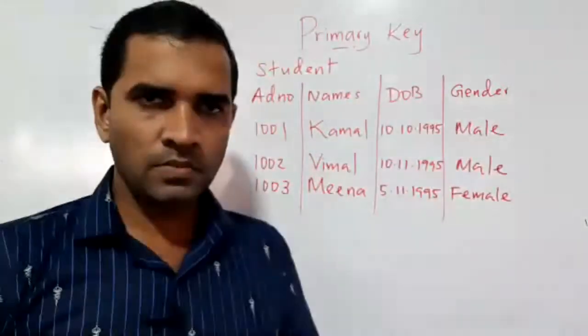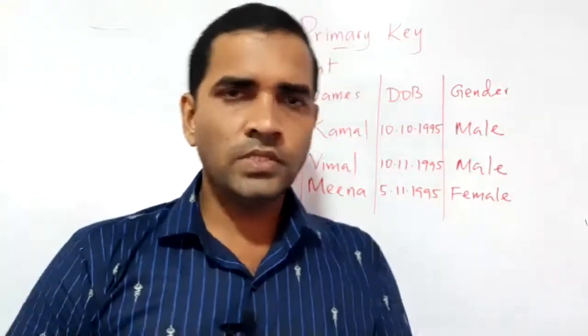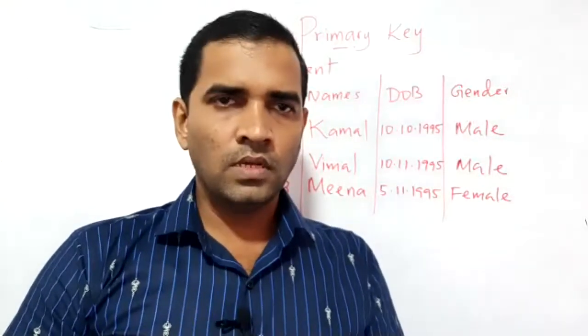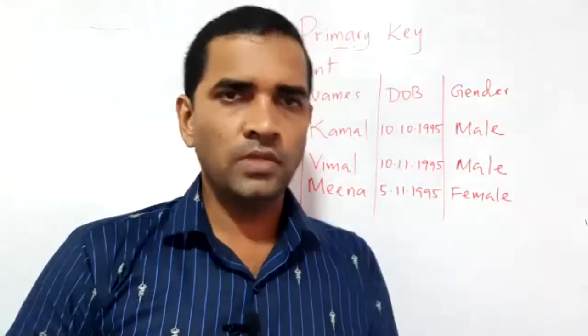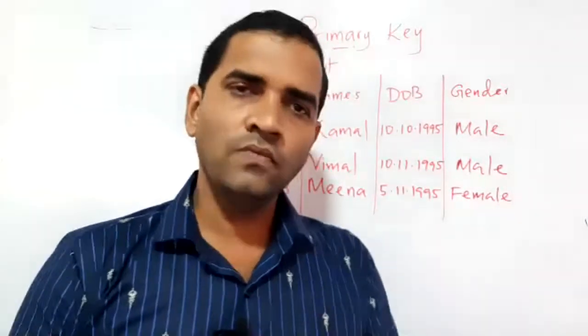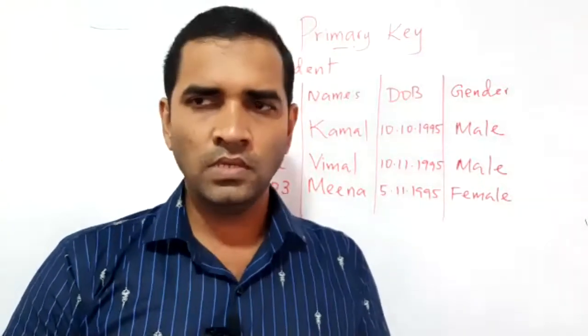Take a look at the date of birth. Can you identify every record using date of birth? You can't. Take a look at my example. I just mentioned someone's date of birth for taking the attendance. Now when I use the date of birth, I could see 2 or 3 students standing up because all these people were born on the same date, same month, same year.